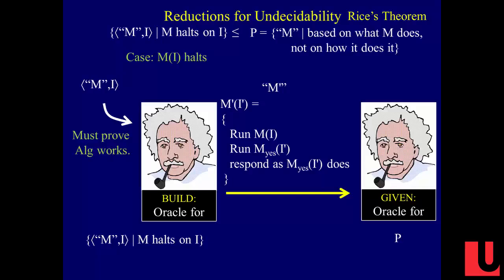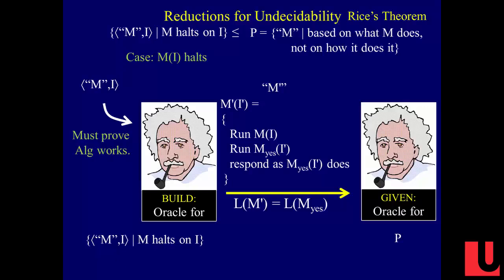So what's the language? We want to know the language of M prime, because whether P says yes or not depends on the language of its input. We're giving the P oracle M prime, and so we want to know what is the language of M prime. And what we can notice is the language of M prime is the same as the language of M yes.